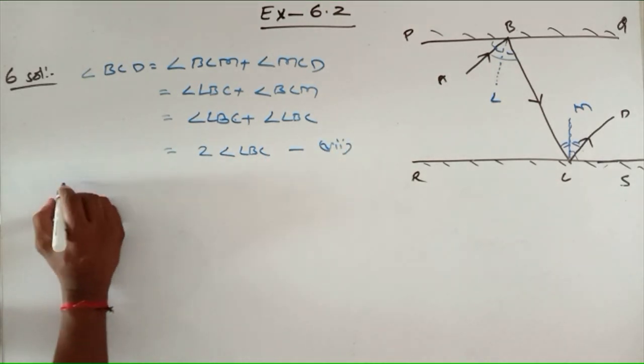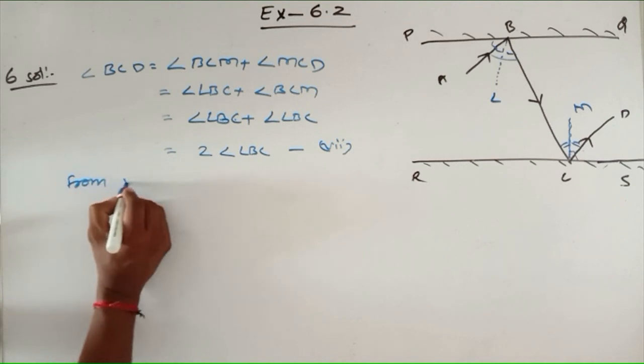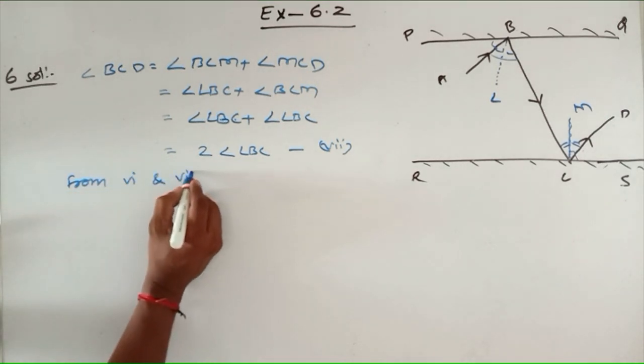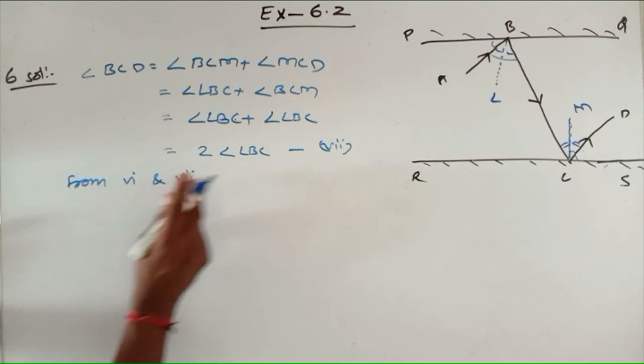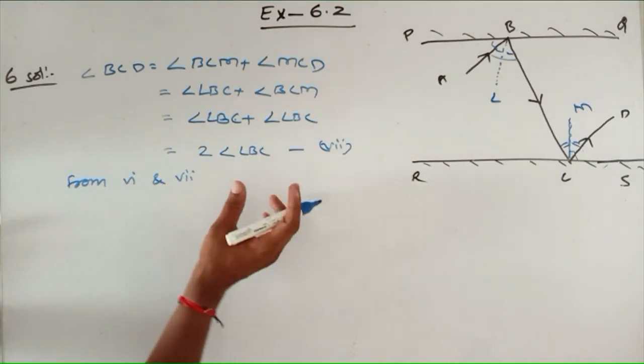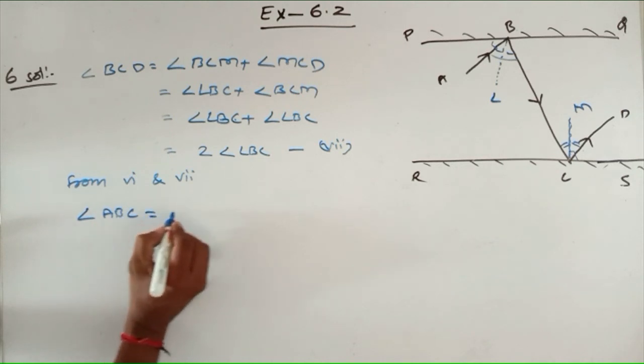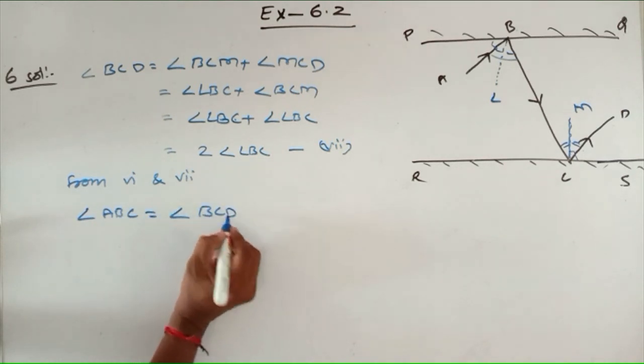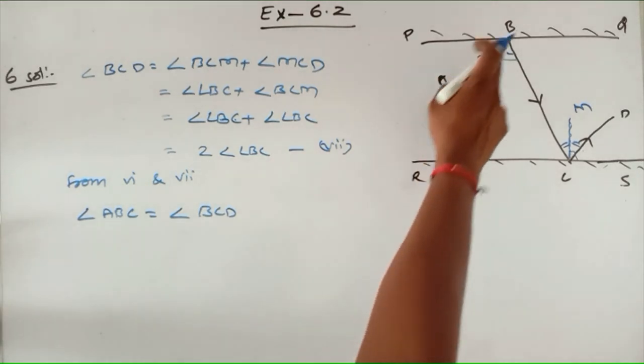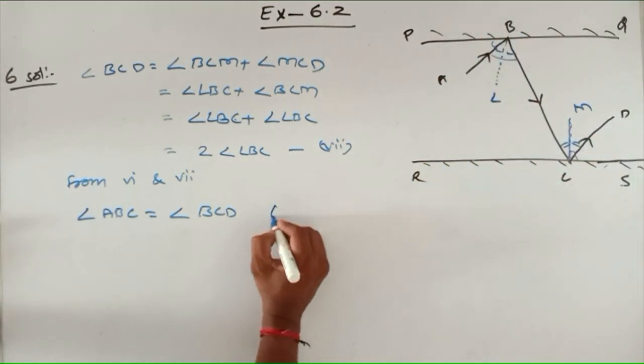Now compare equations 6 and 7. So LHS and RHS are equal, and automatically angle ABC is equal to angle BCD. Angle ABC is equal to angle BCD. These are alternate angles.